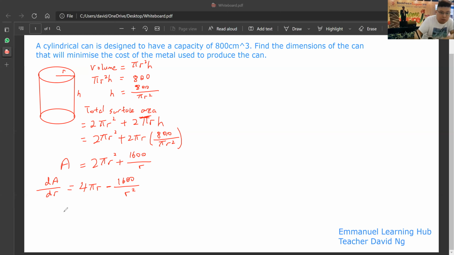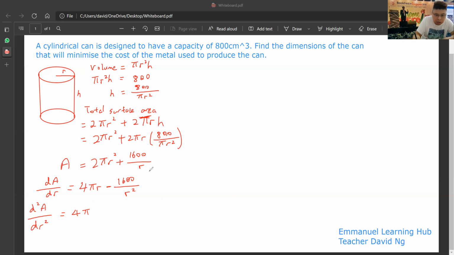Then the second derivative. You differentiate one more time.